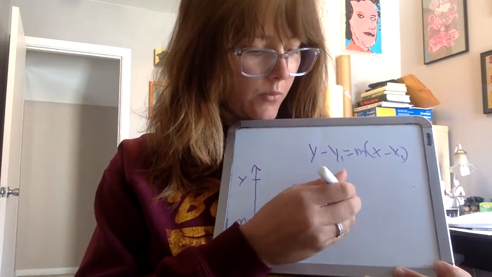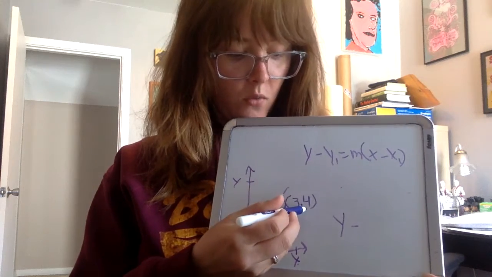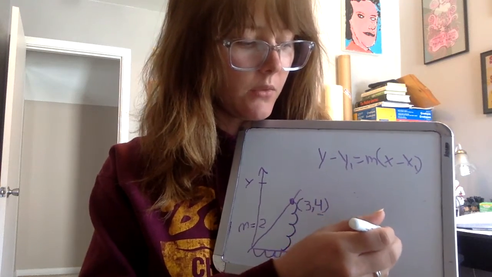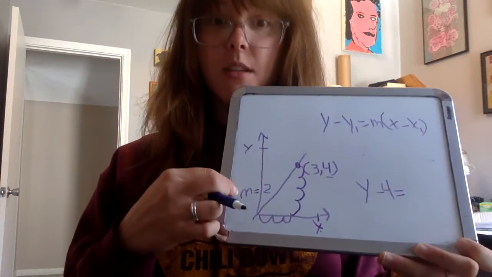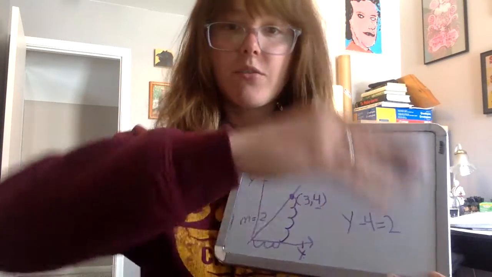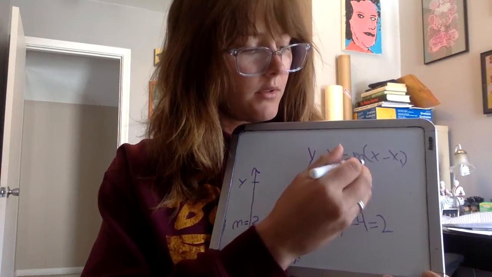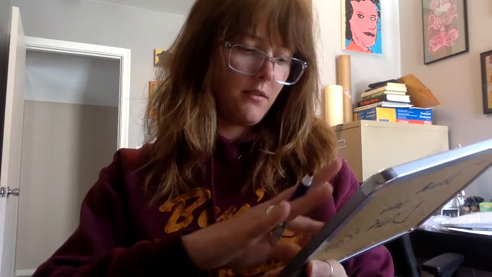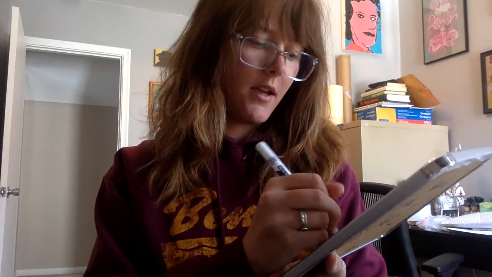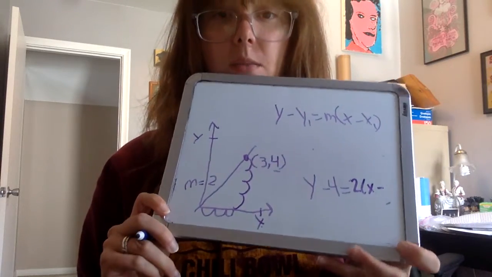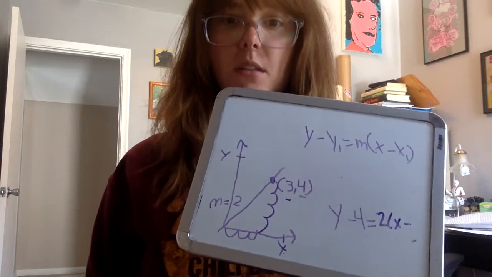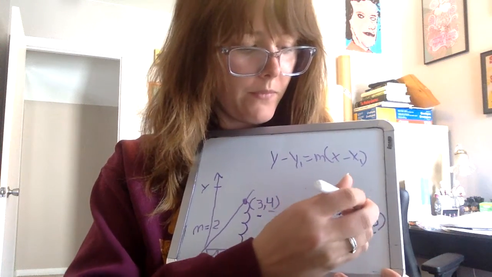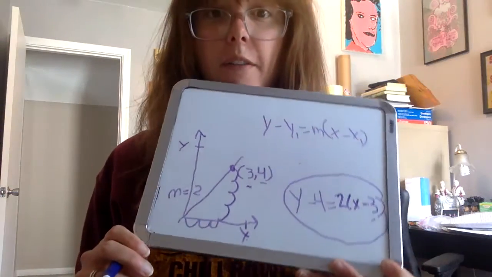So for this, our point slope would be y minus y1, which is 4, because 4 is our y coordinate point, equals m, which, our m is 2, because that's our slope, that's our direction of the line, 2 times x minus our x1, which is going to be 3, because 3 is the only x coordinate point that we have. And there is our point slope form.